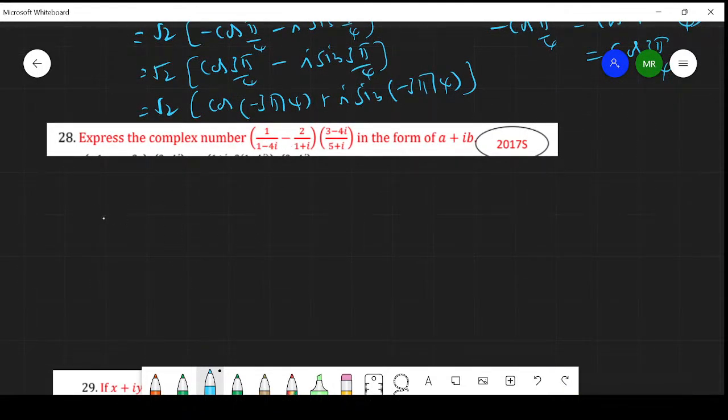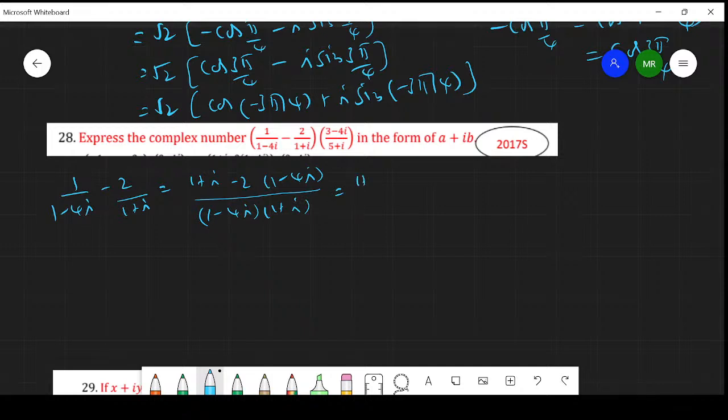You take the LCM here, thus you multiply this 1 by 1 minus 4i minus 2 by 1 plus i. First I multiply this one and simplify. So I can take this: 1 plus i minus 2 into 1 minus 4i, by 1 minus 4i into 1 plus i. Just multiply this. This will become 1 plus i minus 2 plus 8i.